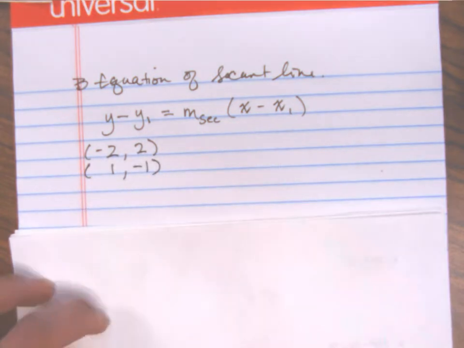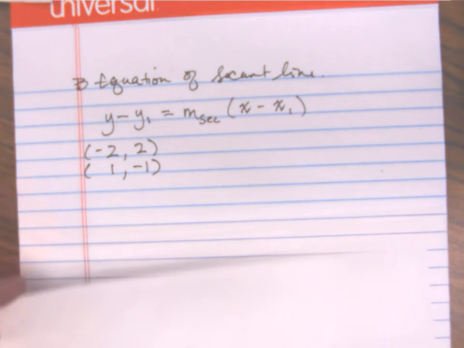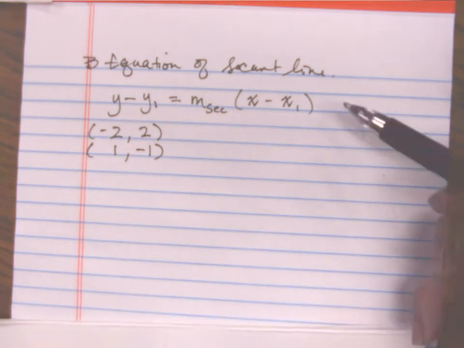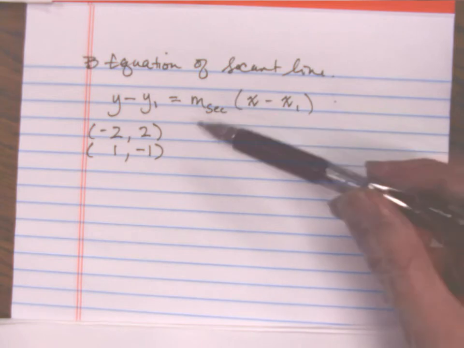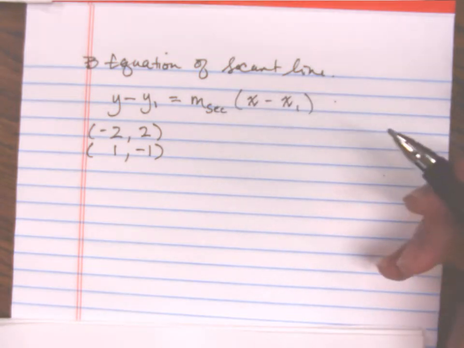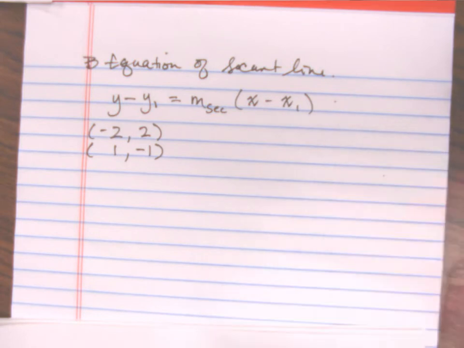Okay, these were the results from our previous page when we were evaluating. And it does not matter which set of points you pick to plug into this formula. Okay, we used both of these points to get our slope. They're both contained in the line. So we can pick one. And we can pick whichever one is easiest to use.